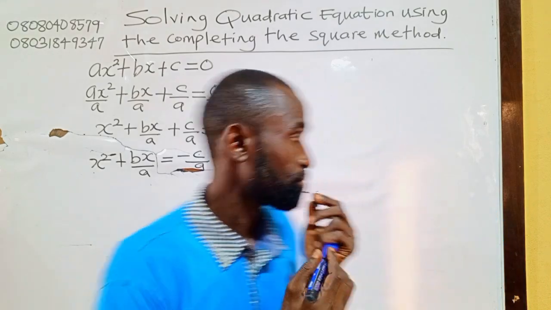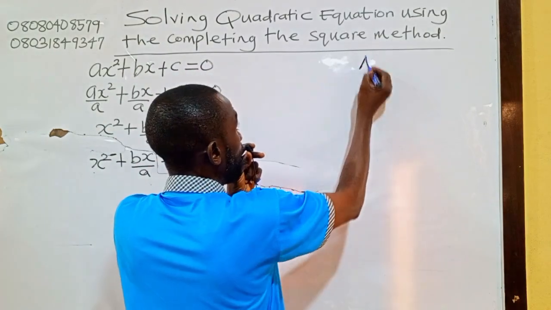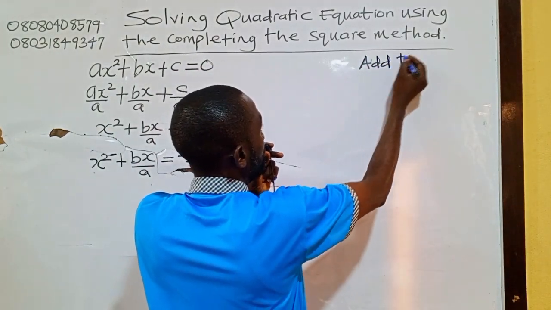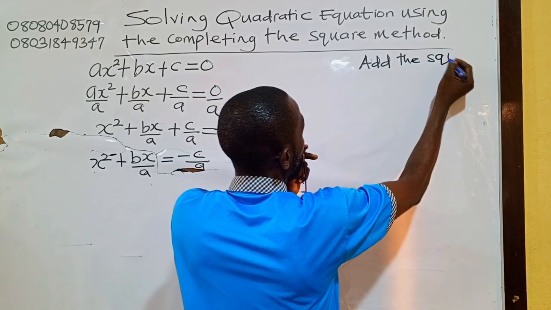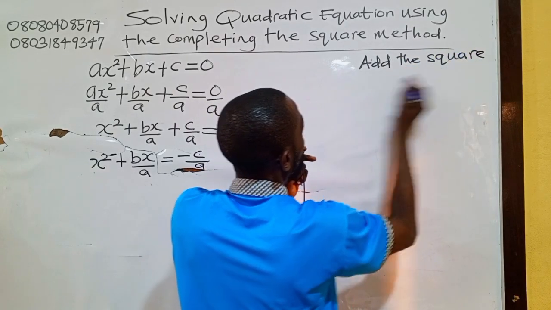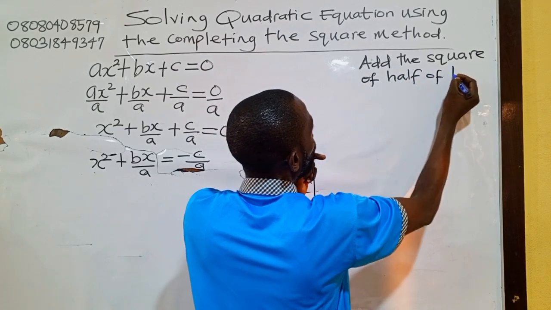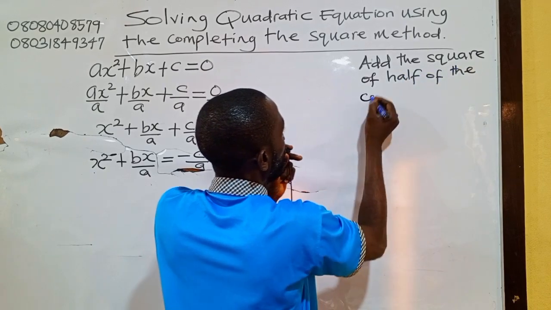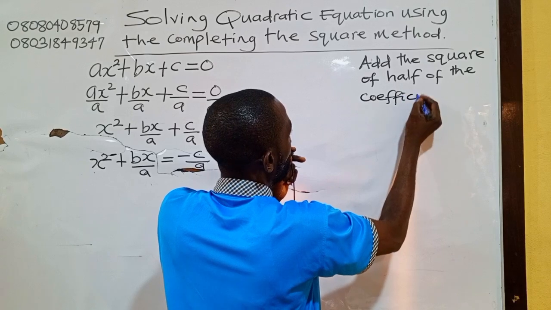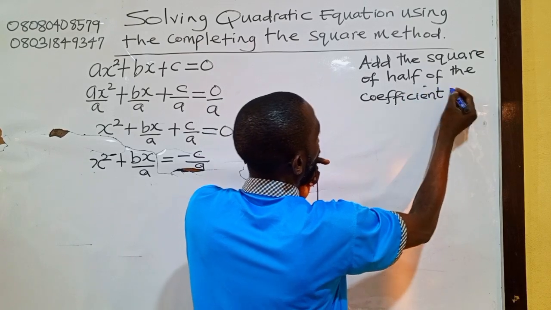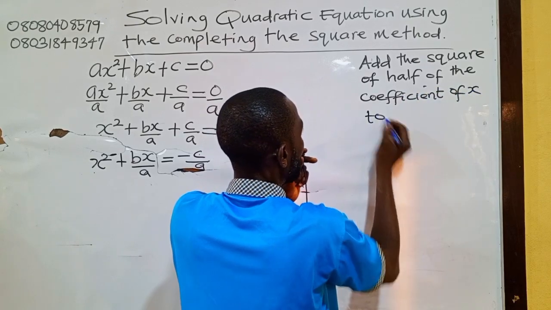Let me write it here. Add the square of half of the coefficient of x to both sides.